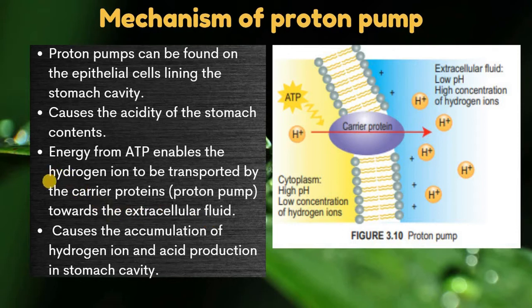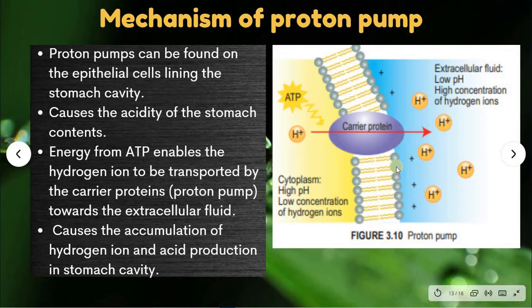It causes the accumulation of hydrogen ions and acid production in the stomach cavity, increasing the acidity of the stomach. That is the mechanism of the proton pump.